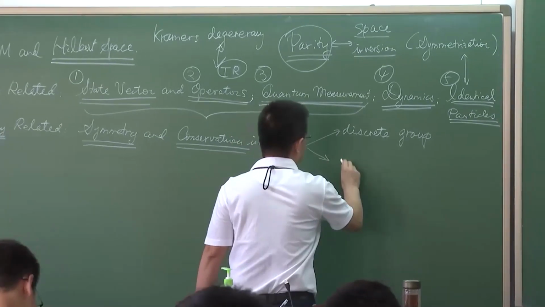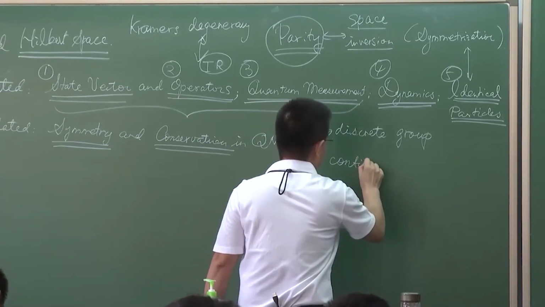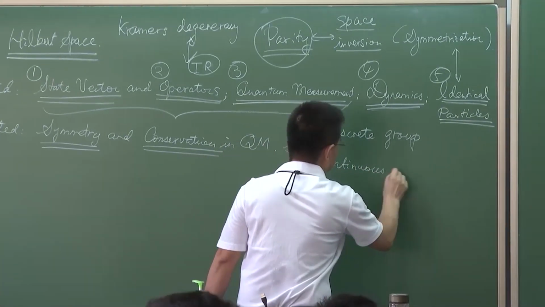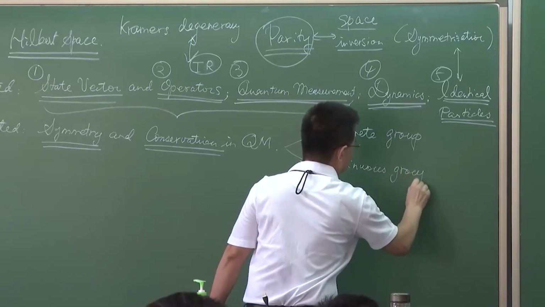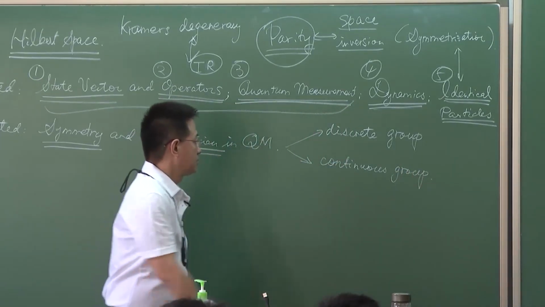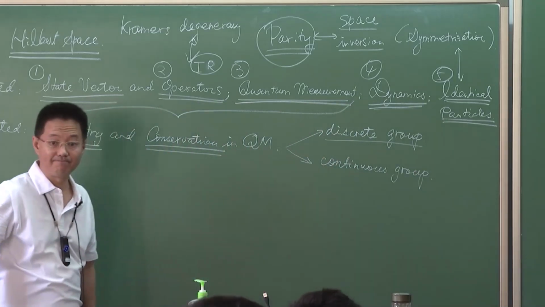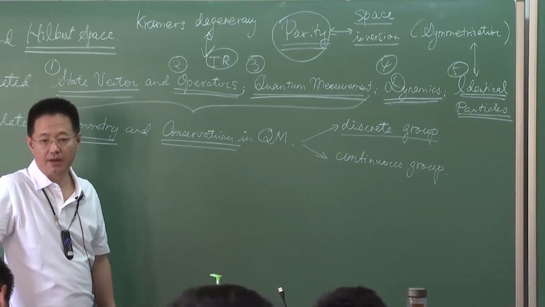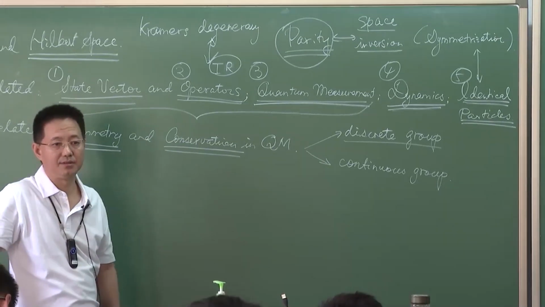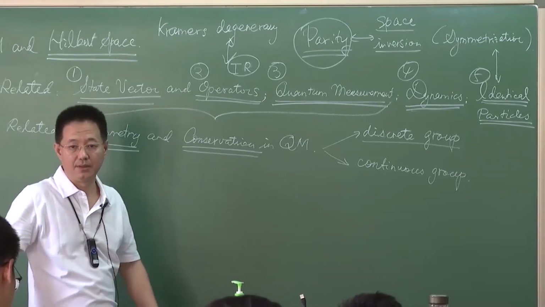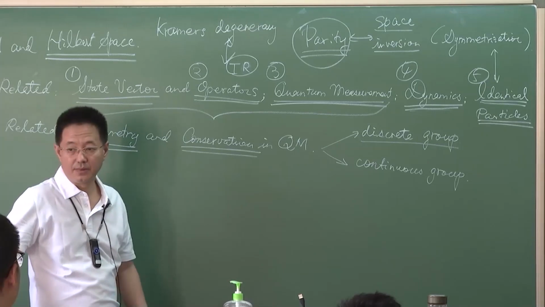And another thing is the continuous. So our space reflection is discrete. Time reversal, discrete. And also we have several other discrete groups.